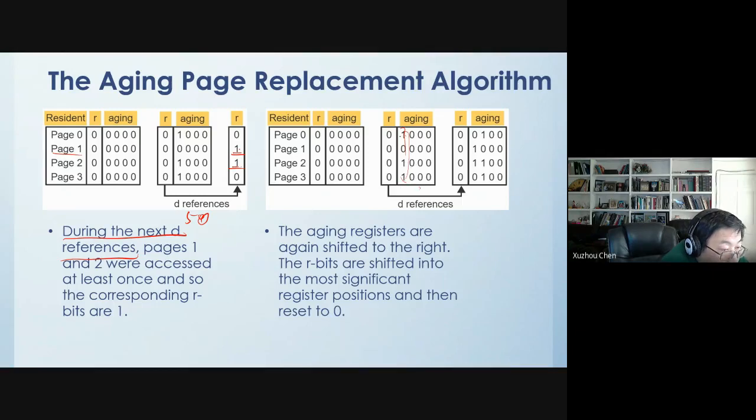So push the first most significant bit to the right. And then add the most recent page reference to the most significant position. So this one is pushed to the right, and the most recent one is added to the most significant position. Okay. Now that's at the time of 100 references.